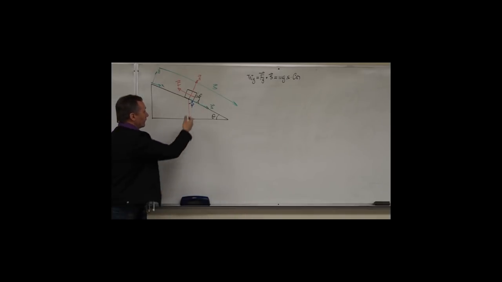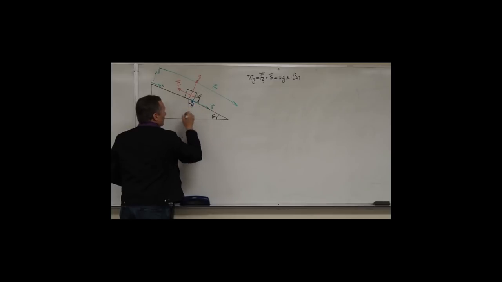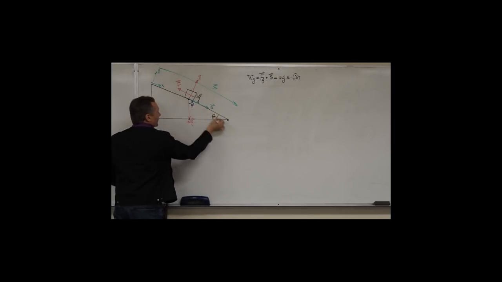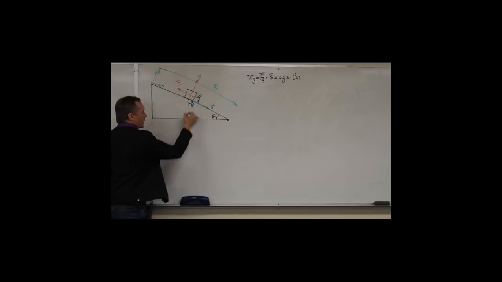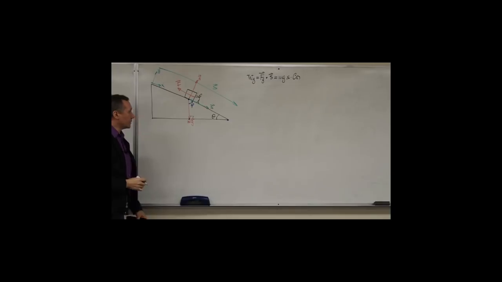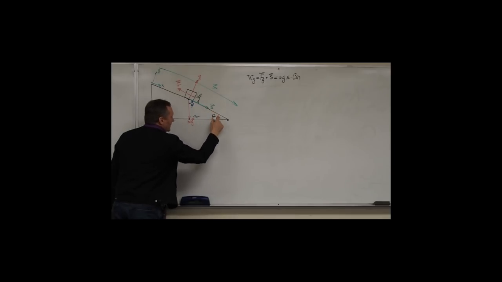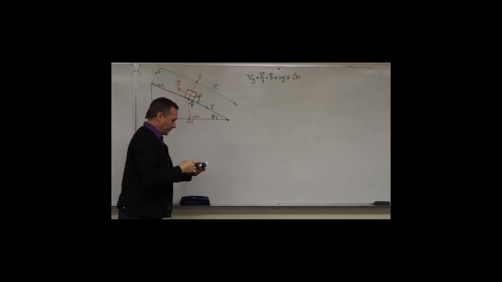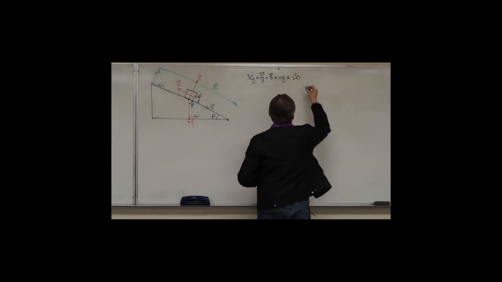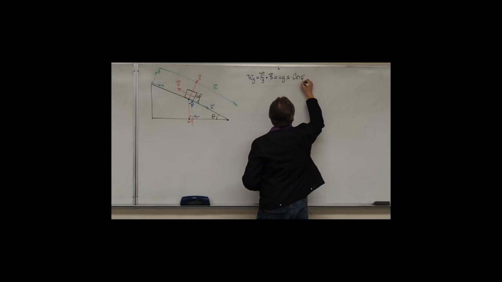Of course we can find the value of this angle by looking at this triangle. This is a right triangle, because mg is straight down, so this angle is 90 degrees. Then this angle will be 90 minus theta. So let me write here, it's a cosine phi.